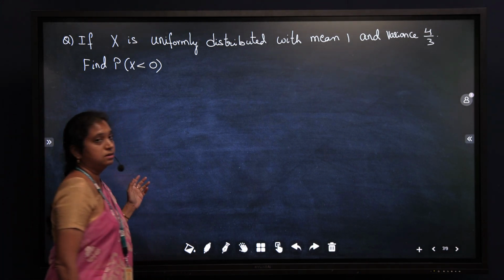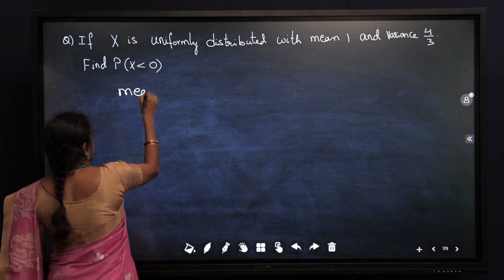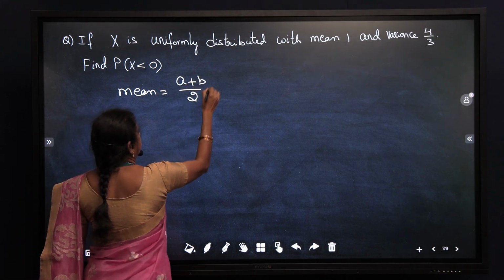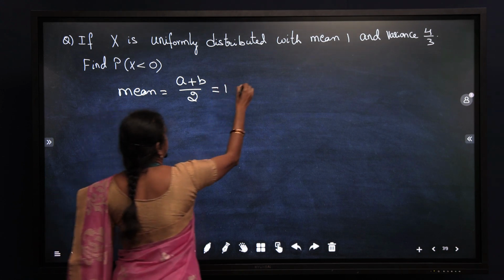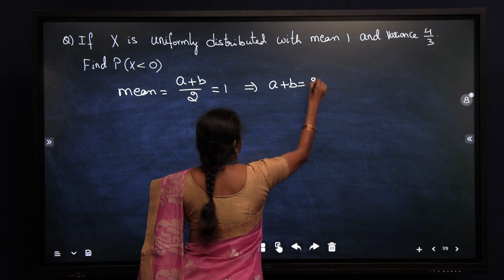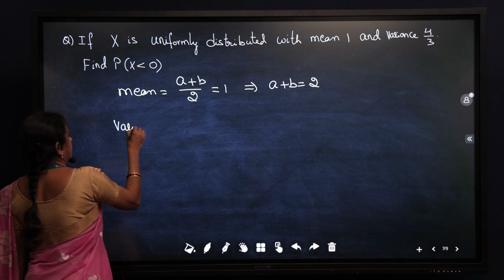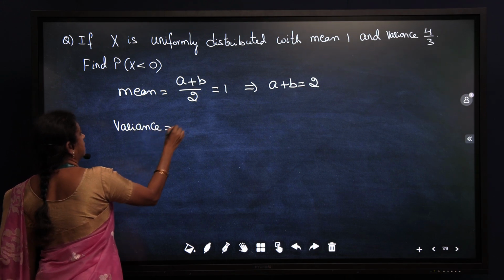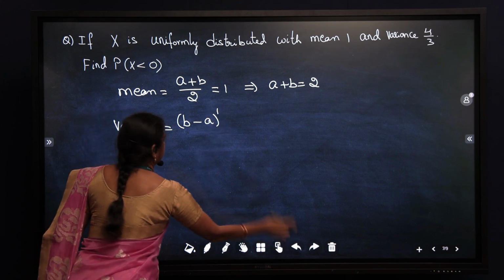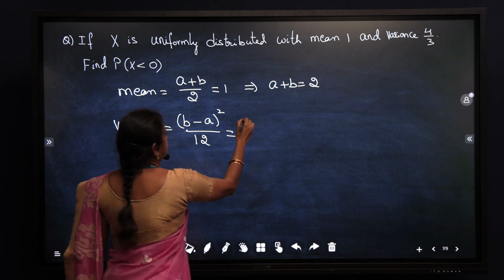So now as discussed, the mean is given by (a plus b) by 2, which is equal to 1 as given. So this implies a plus b is equal to 2, and variance is given by (b minus a) whole square by 12, and this value is given as 4 by 3.